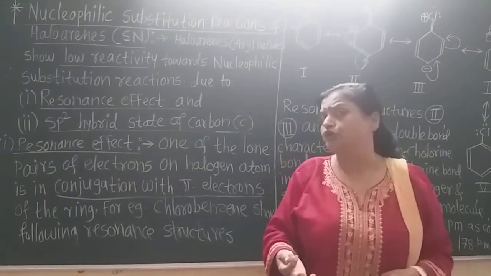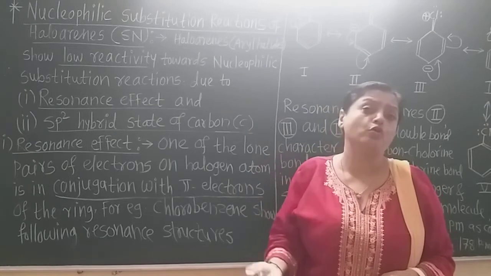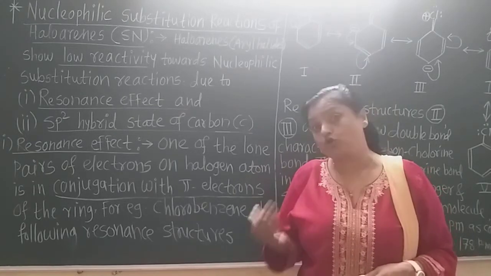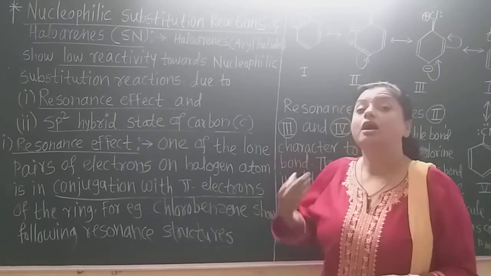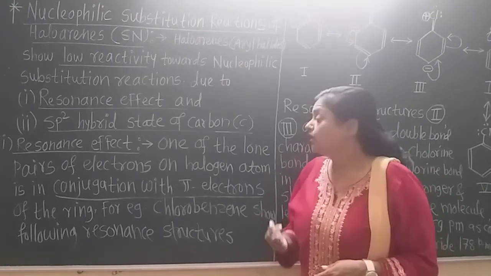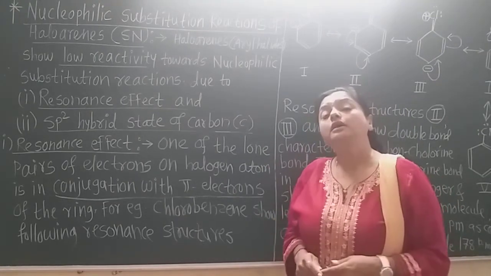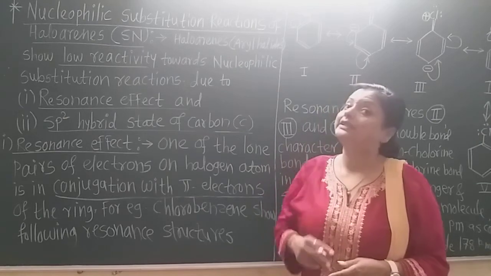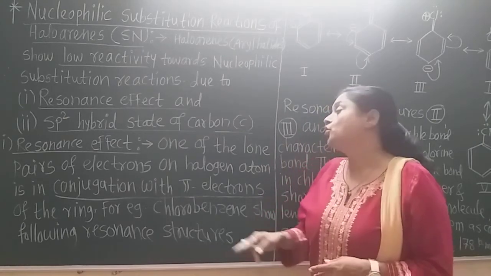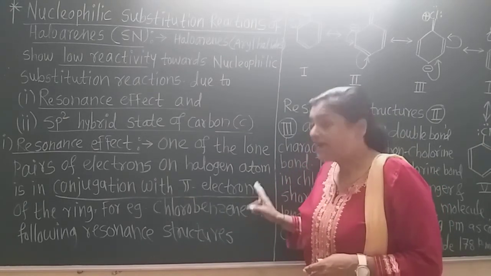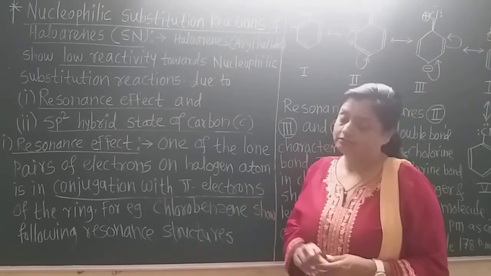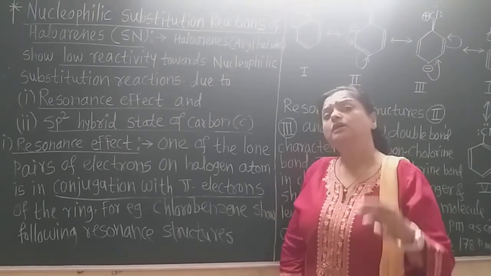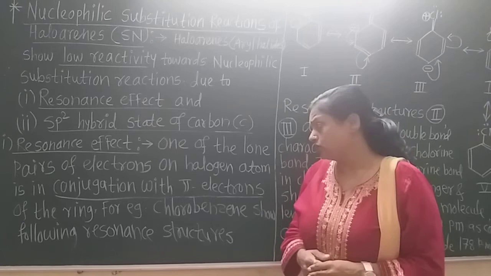Conjugation means alternate single and double bond. The ring has 3 pairs of pi electrons.